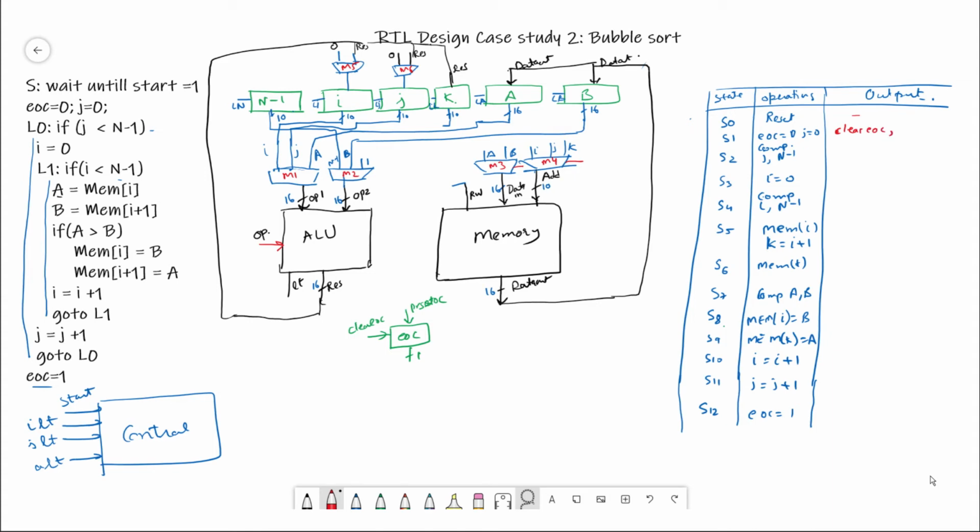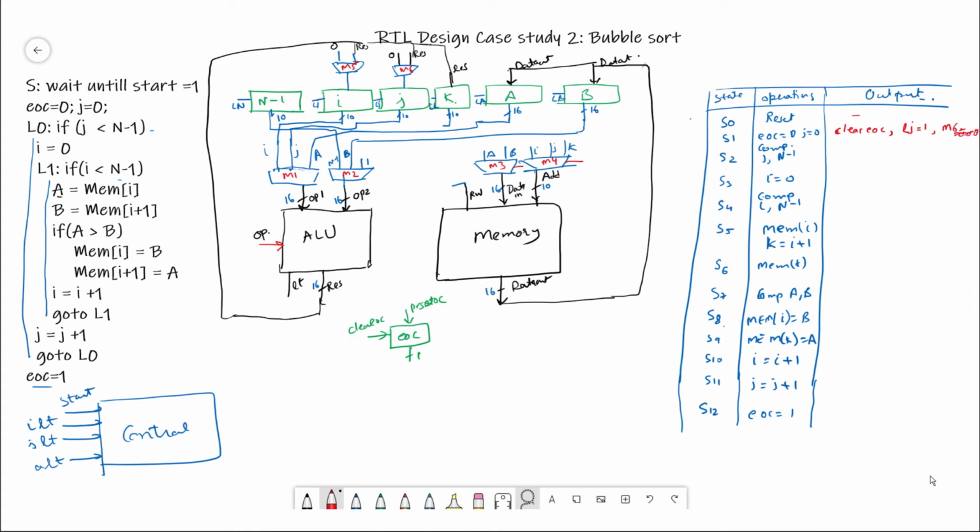Along with that, load of j, Lj, equal to 1, and M6 will select 0.